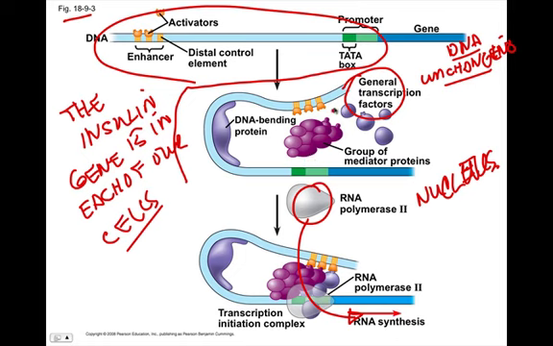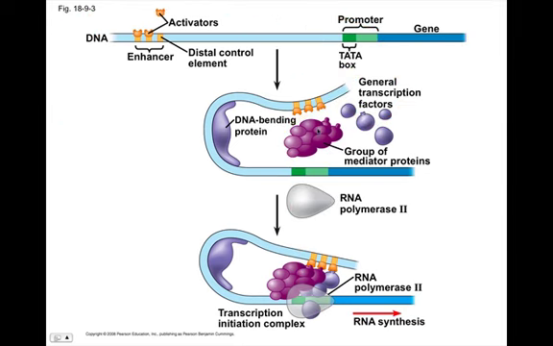So the dynamic part of this story, the difference between the insulin cell and the brain cell, is that transcription factors present in the pancreas bind to the promoter of the insulin gene and activate it. So the promoter DNA is really just like a landing site for these transcription factors to bind and do their job. So the big key story becomes the story of these transcription factors that regulate gene expression.